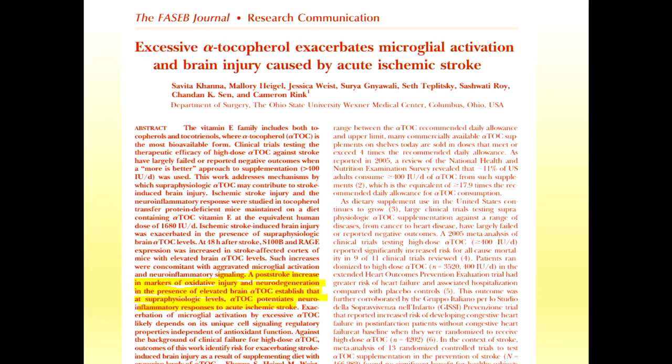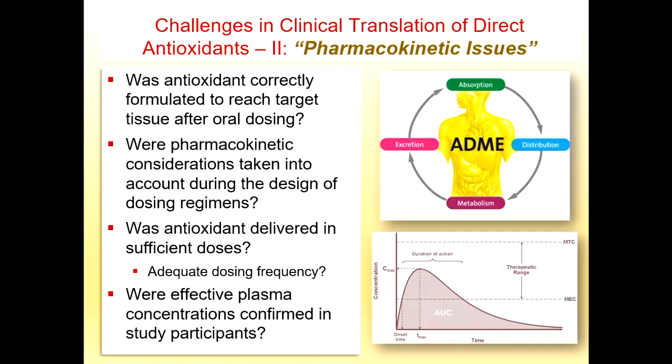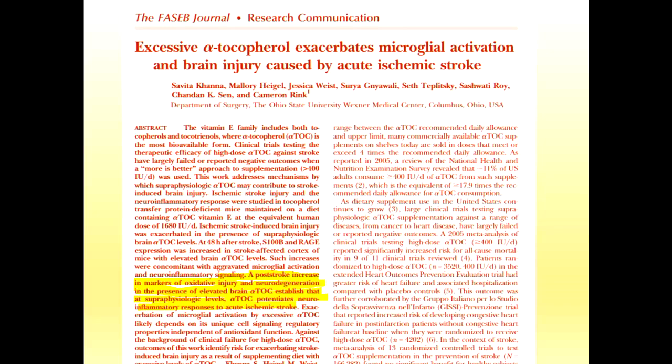Okay, and I just found this paper the other day. It sort of confirms some of the clinical trial conclusions people have made about looking at high dose vitamin E. In this ischemic stroke model in animals, they found that it exacerbated the post-stroke increase in markers of oxidative injury and neurodegeneration.